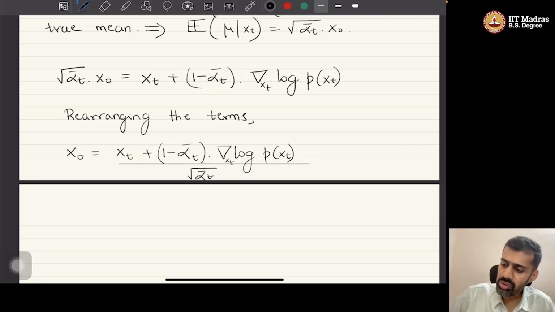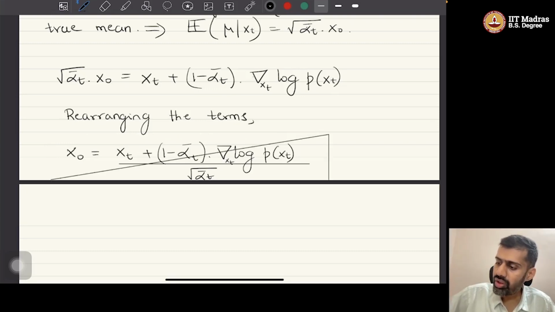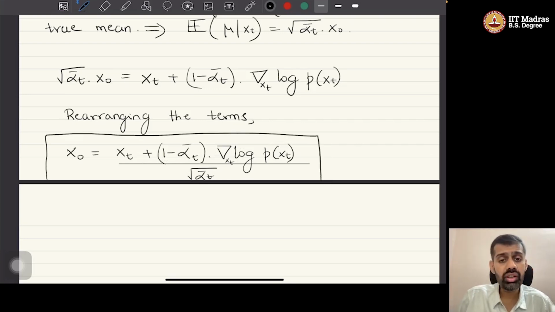So now what did I do? Just using the result in statistics, which is Tweedie's formula, we just expressed the true data x naught in terms of xt, which is the t-th latent variable, and what is called as the score function. Okay, now why is this of importance? As usual, we can rewrite the consistency term in our loss function, the ELBO, in terms of xt and the score function.